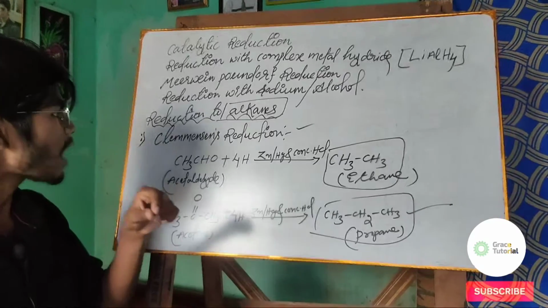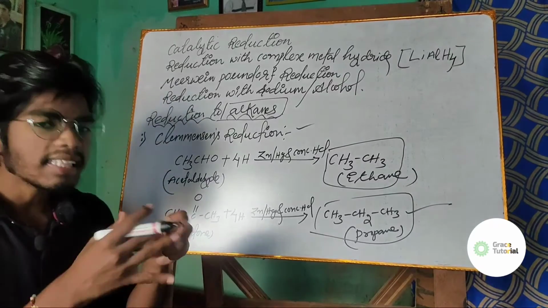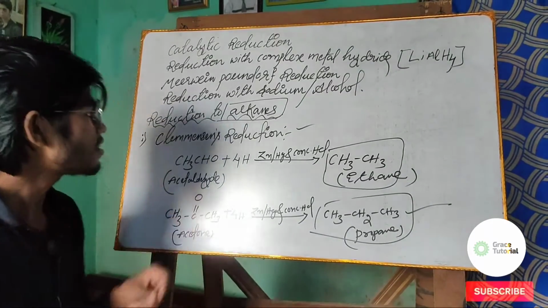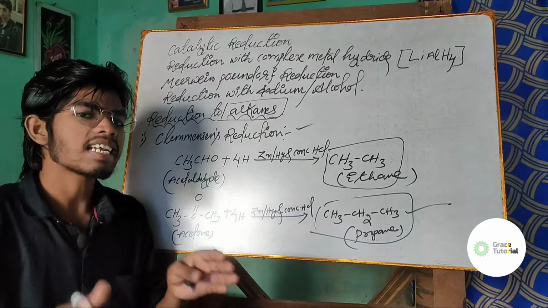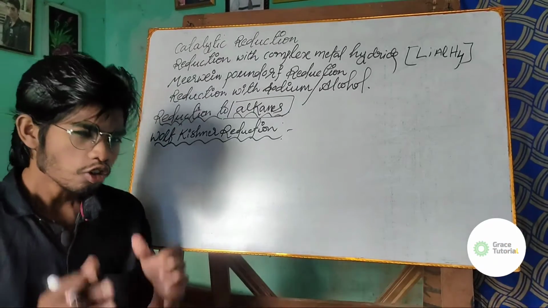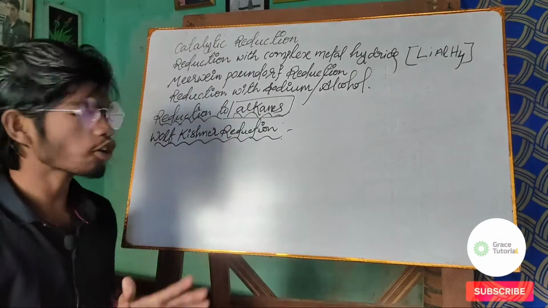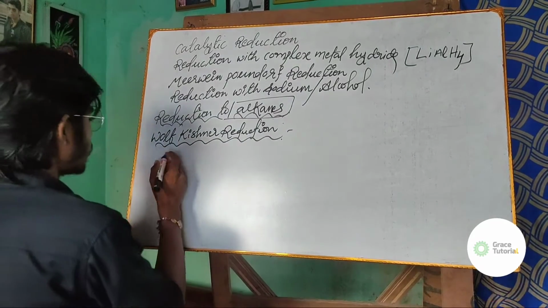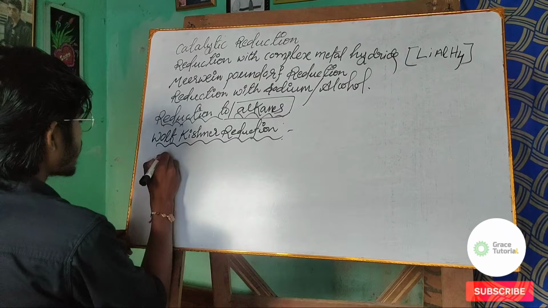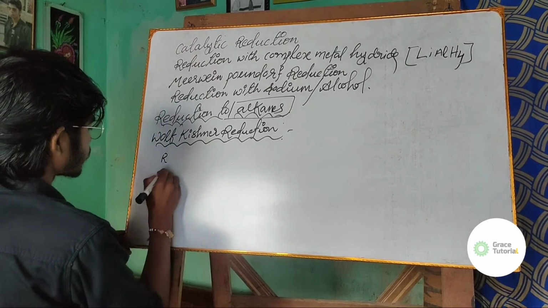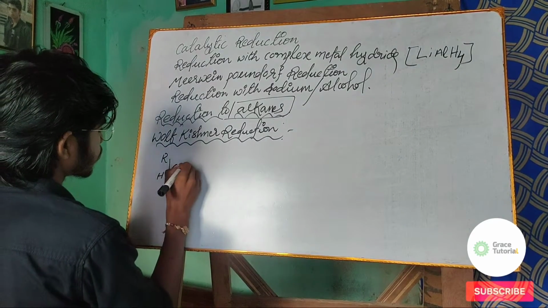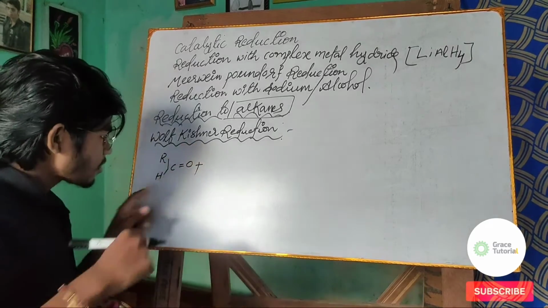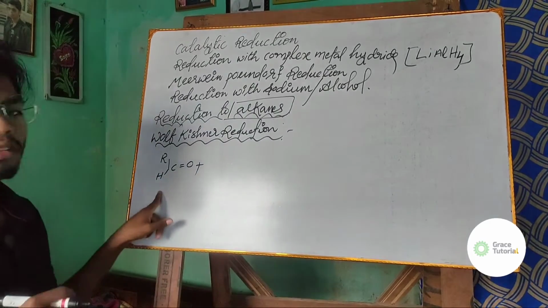Now we have another type of reduction wherein alkanes are obtained, that is the Wolff-Kishner reduction. Here also alkanes are obtained, but this is somewhat different. You just follow me. Suppose I have an aldehyde. This is the formula for aldehyde, RCHO.